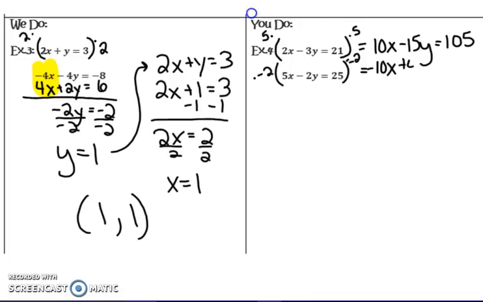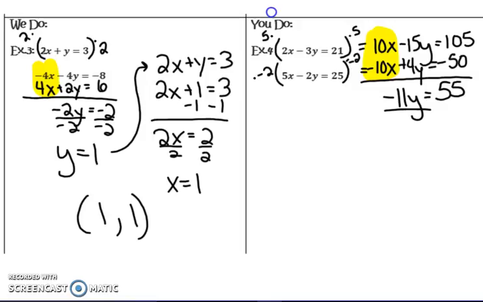Negative 2 and negative 2 give me positive 4y, and then negative 50. From here, now I have my terms that cancel, and I'm left with negative 11y equals 55. Well, I'm going to divide both sides by negative 11, and I get y is equal to negative 5.